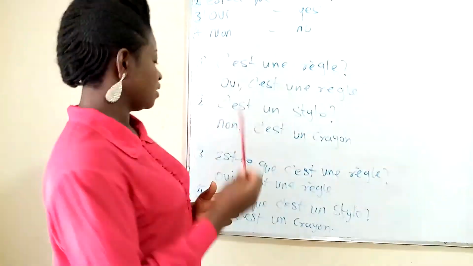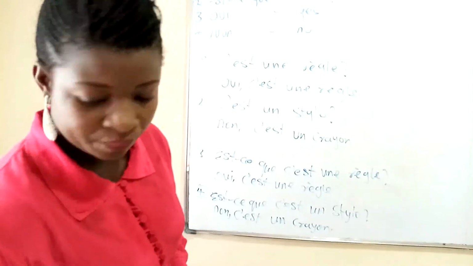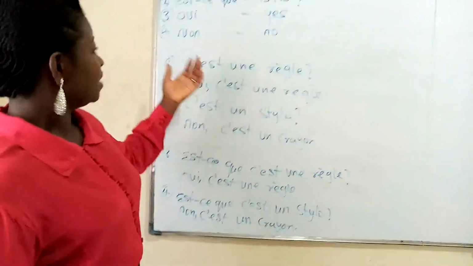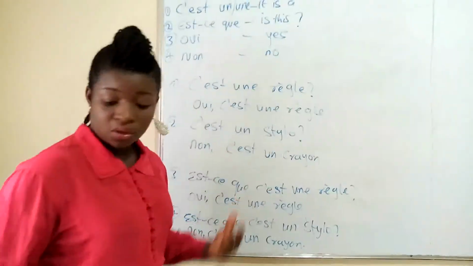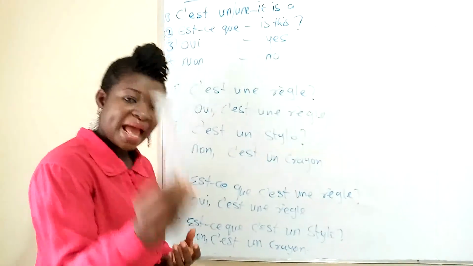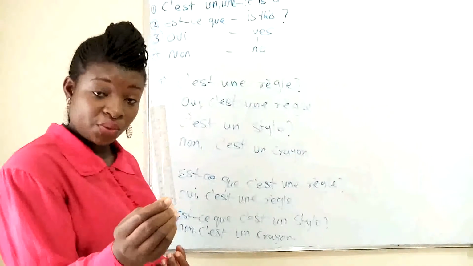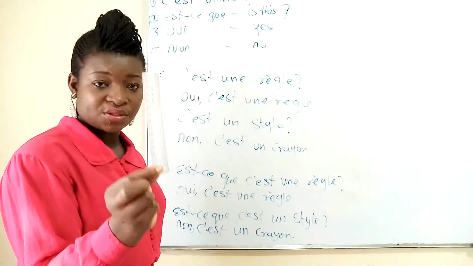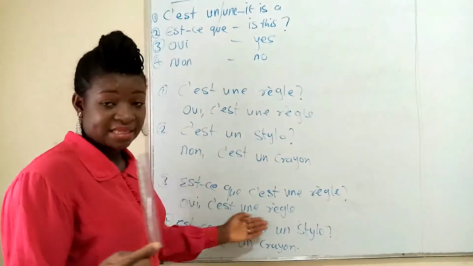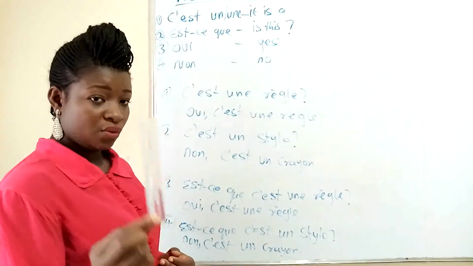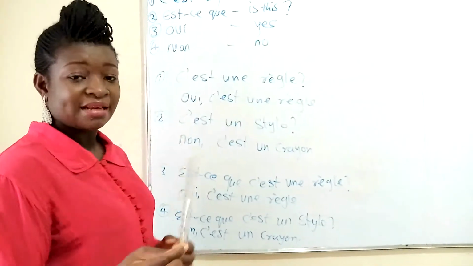Okay, back to number 3. We have est-ce que, and est-ce que means is this. So look at this. Est-ce que c'est une règle? If this is a ruler, really, you say oui, c'est une règle. Let's look at another one.